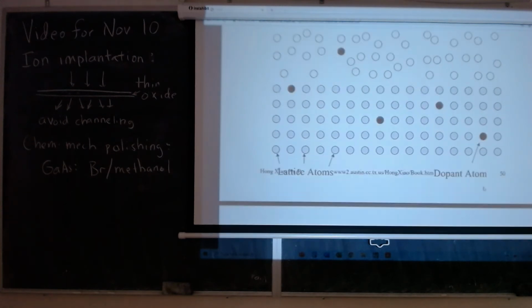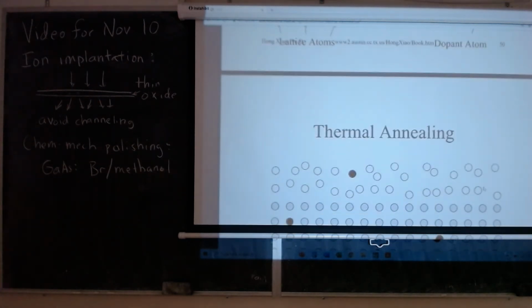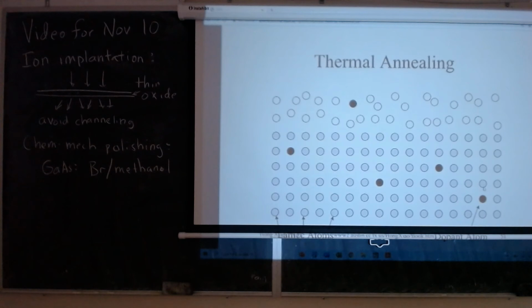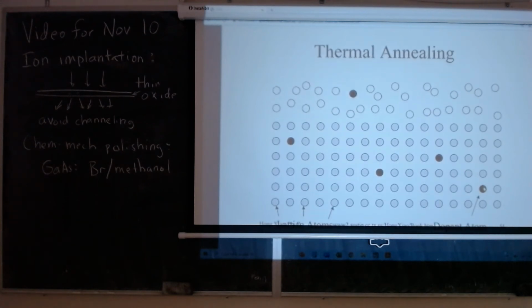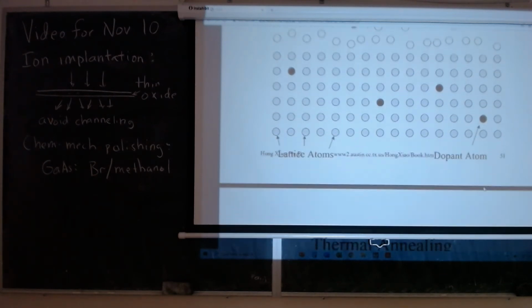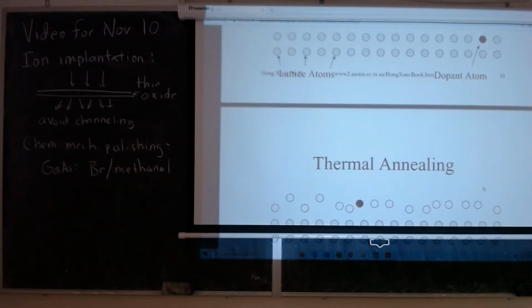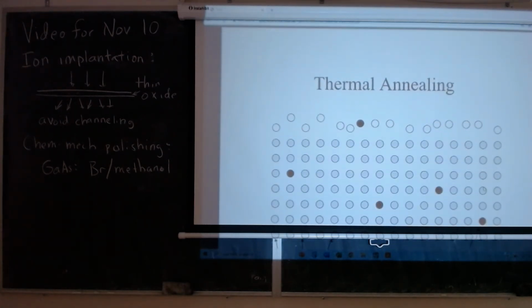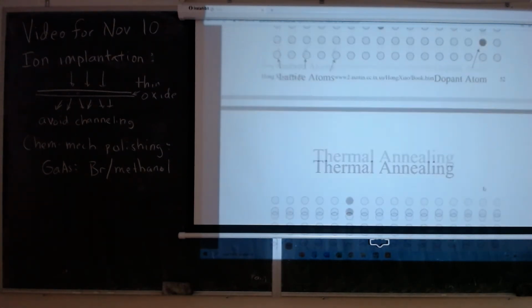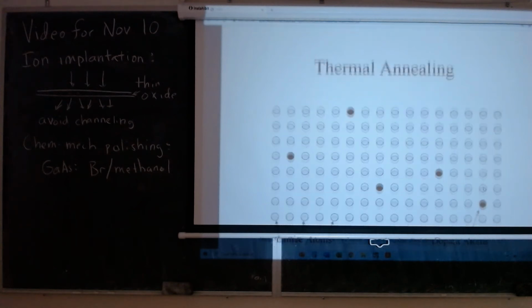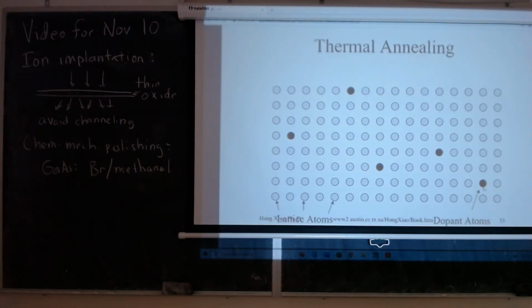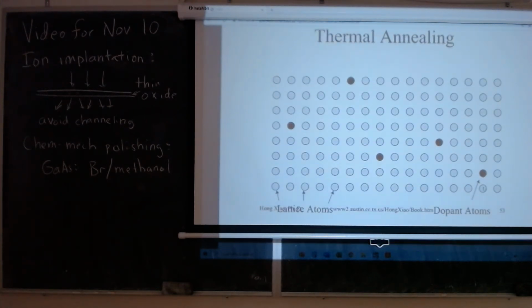I'm not sure if he has another slide here, basically showing it continuing to go. The fixed, annealed crystalline region continues to go up and get fixed, and then finally, I think he has the final slide there. Finally, after annealing for a proper amount of time, the crystal is all fixed and the dopant atoms are on the site.